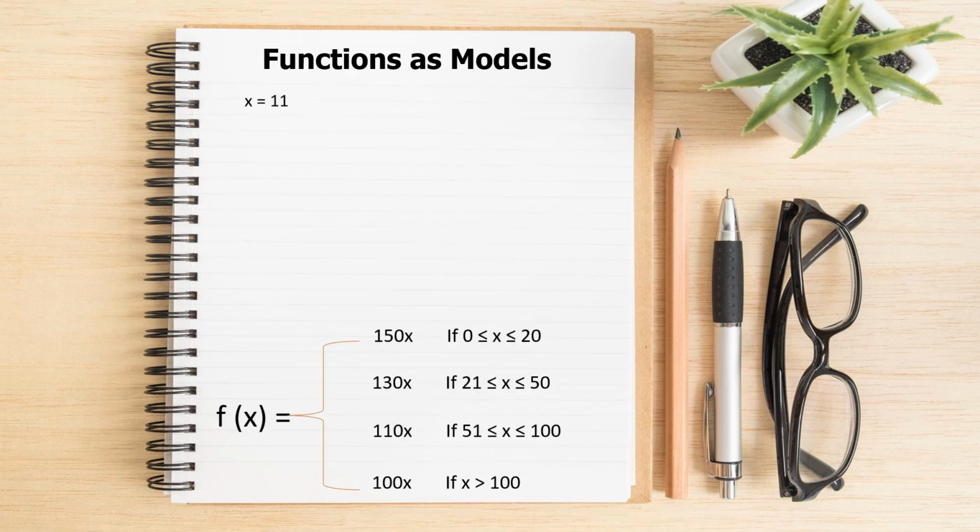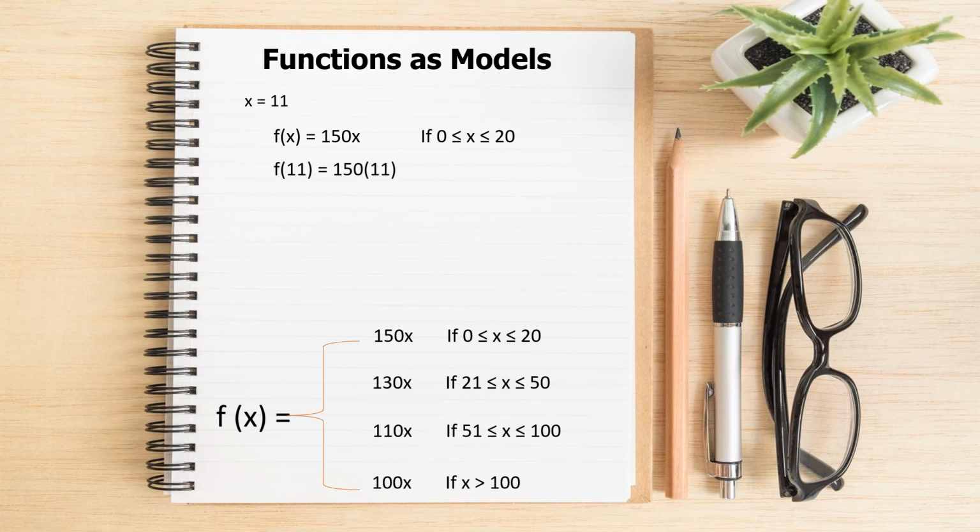So using this formula, what if your attendees are only 11? We will use the first formula because 11 is within the interval of 0 to 20. So f of x is equivalent to 150x.